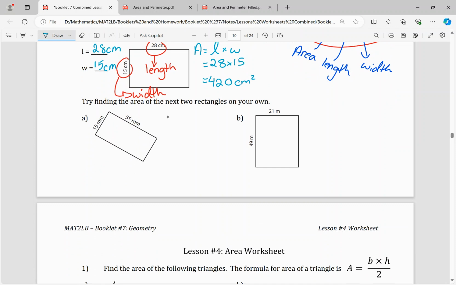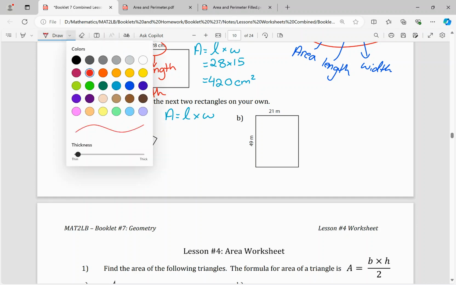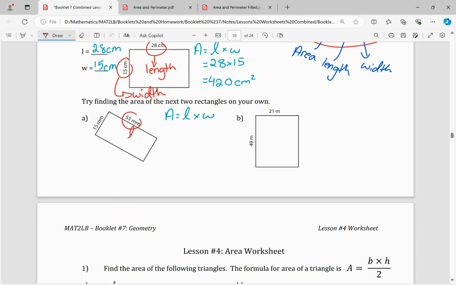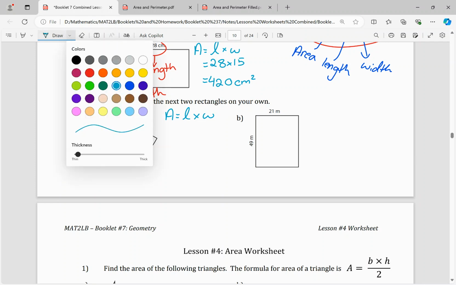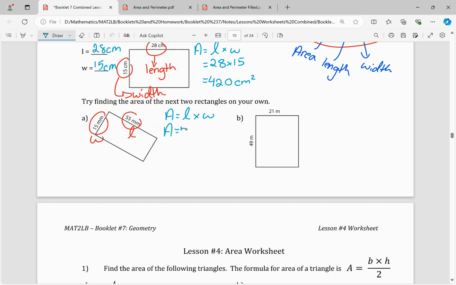In example A, again, area equals length times width. Now, our length is going to be 55. Our width is going to be 15, meaning that area is 55 times 15, which is equal to 825 millimeters, is our units here, squared.